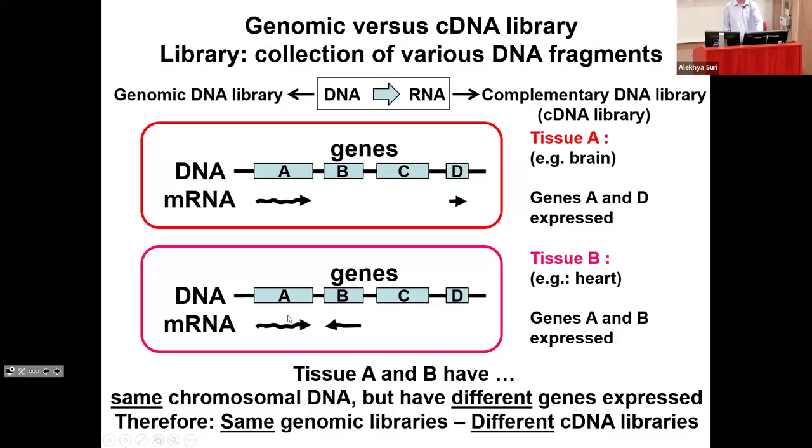So there would be the same genomic DNA library, compared to the cDNA library, which would be different because there are different genes expressed, tissue A versus tissue B. Okay, so you want to know what a genomic DNA library is versus a cDNA library. Genomic would be the same DNA versus cDNA, which depends on what messenger RNA, what kind of conditions the tissue was used in.